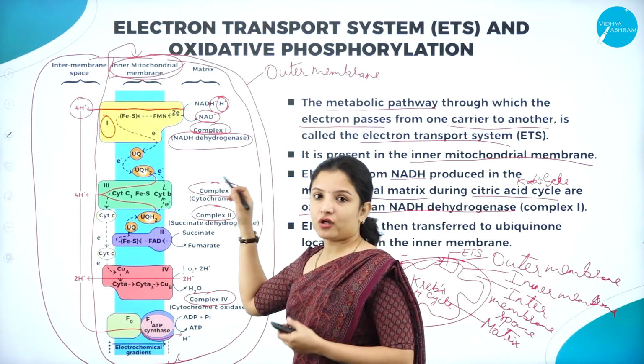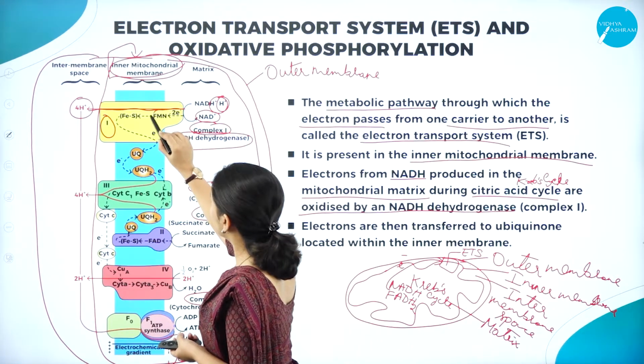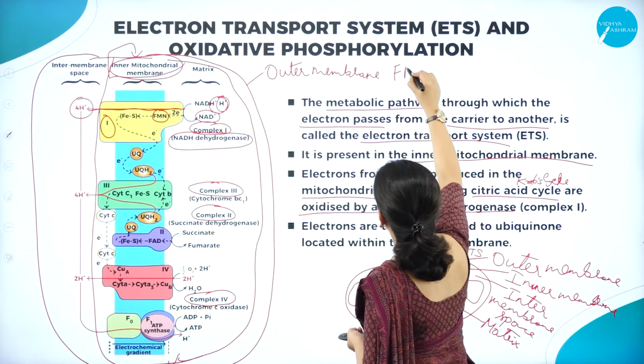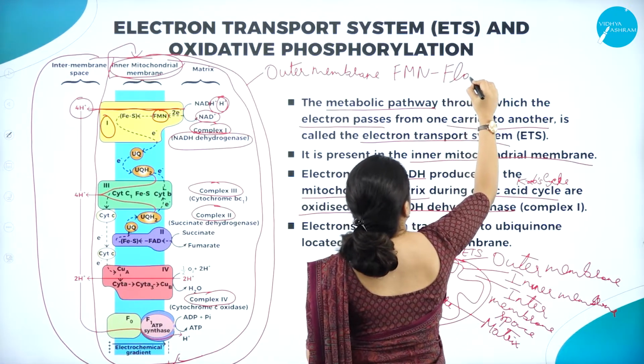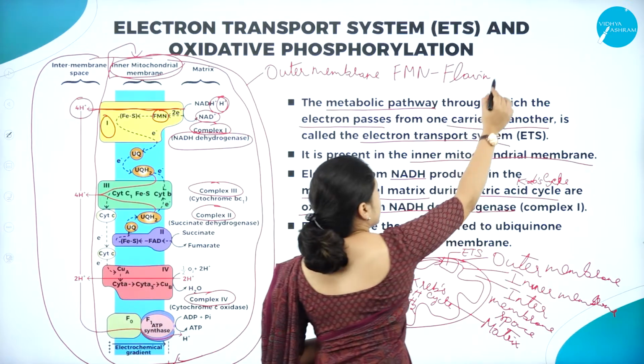So that is why it is called NADH dehydrogenase. So why is it called a complex? It is called a complex because here there is flavin mononucleotide. So FMN, I'll just write it here. FMN is called flavin mononucleotide.